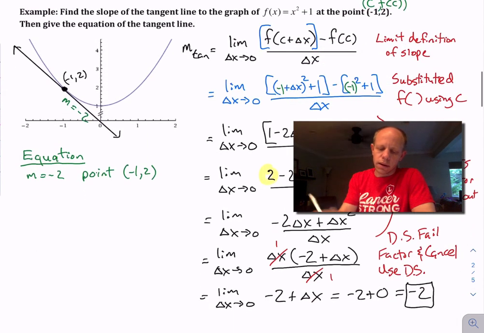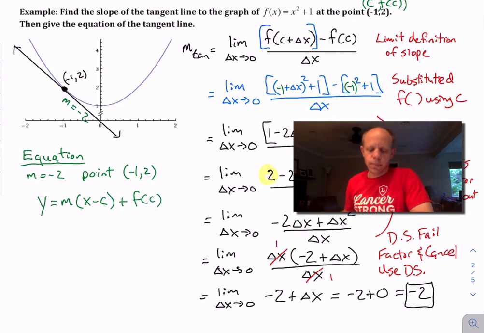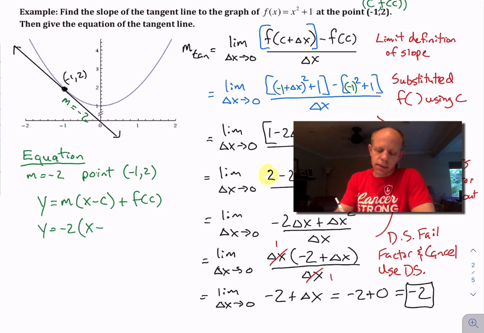So we're going to write that here. y equals m times (x minus c) plus f at c. All right, so let's go ahead and substitute so we can find that tangent line equation. m equals -2, x minus, well, remember the c value is -1. All right, that's our c value right here. And then f at c is 2. And so we're just going to go plus 2.